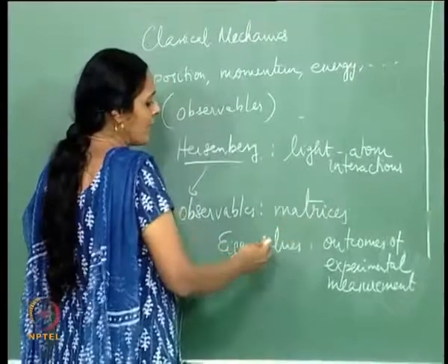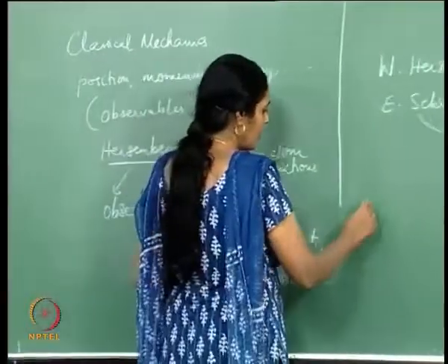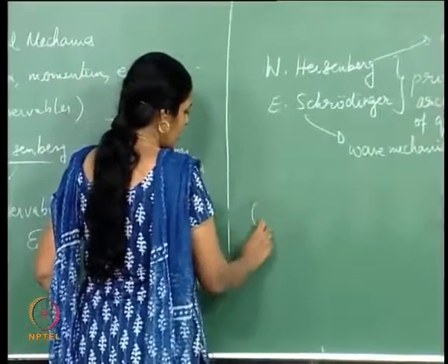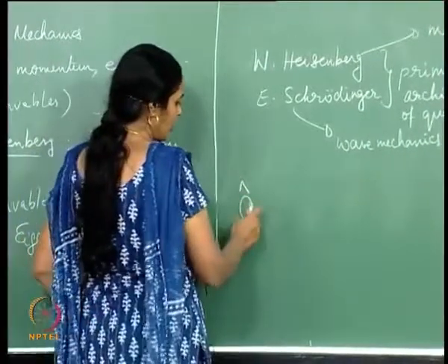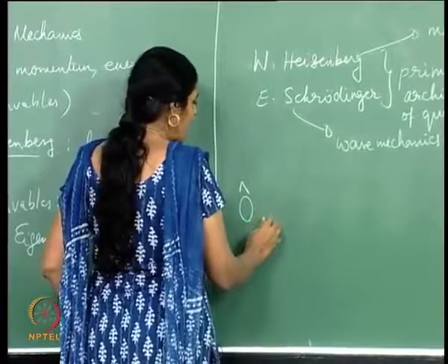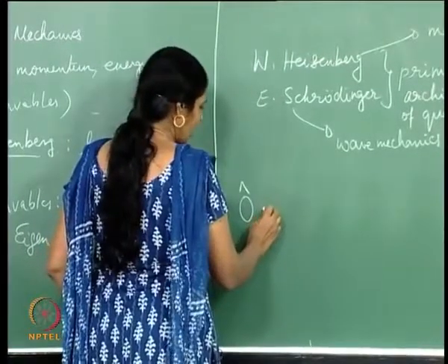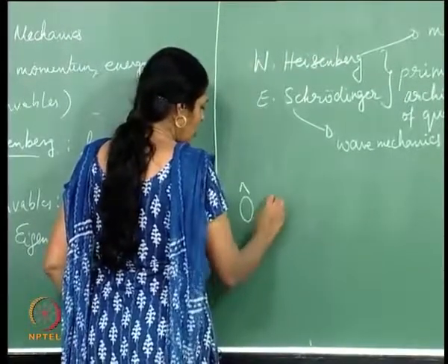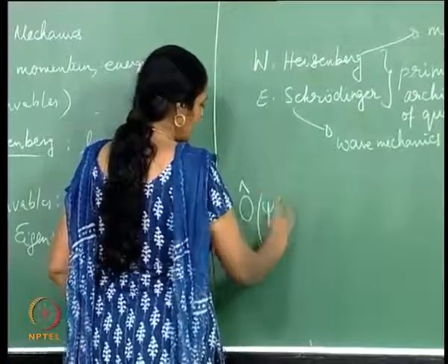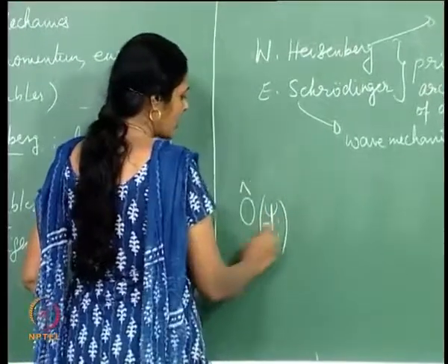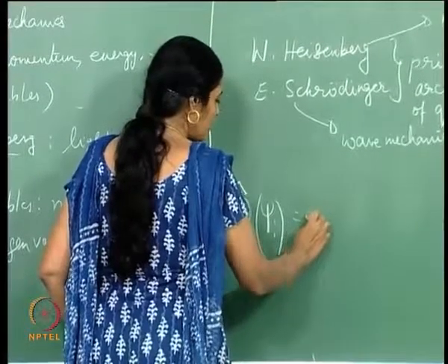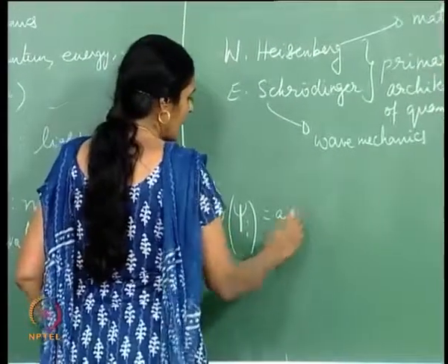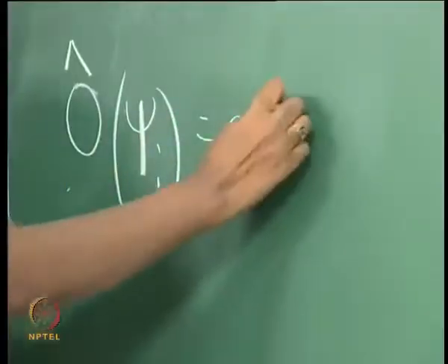And therefore, you have eigenvalue equations. There is an observable. I will put a hat on that to show that it is an observable or an operator. It acts on an eigenvector. For the moment, I call that psi. It is a column vector because this is a matrix. That gives me a number, maybe a number A, which is the eigenvalue or a set of eigenvalues.